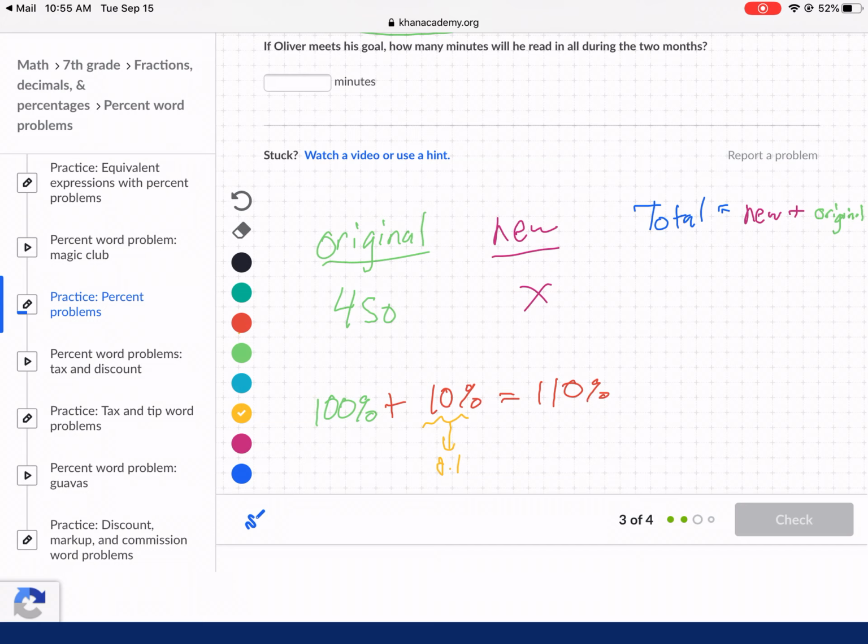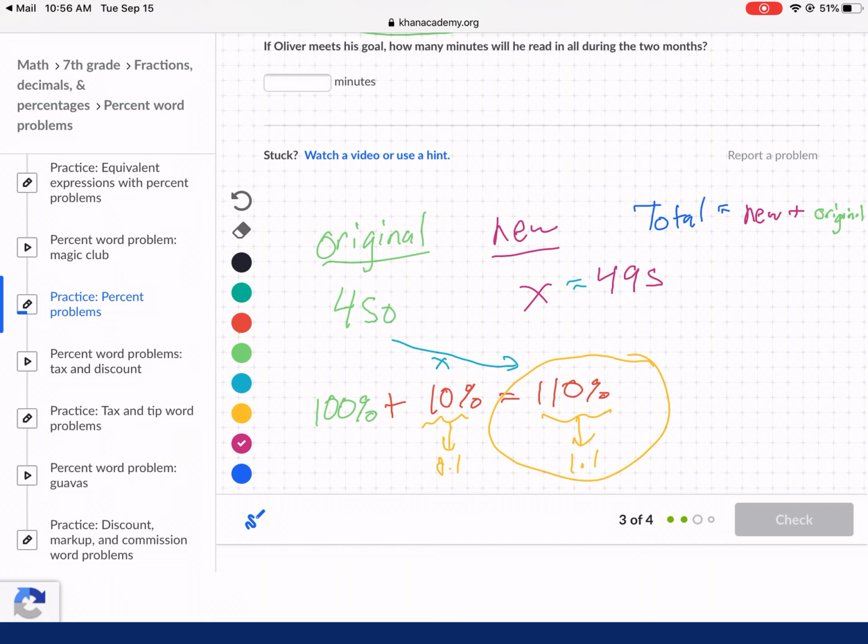Converting to a decimal, this is 1.1. We want the new to be 1.1 times this guy, so we multiply 450 times 1.1. Essentially we're adding 45 to get our new amount, which is 495.